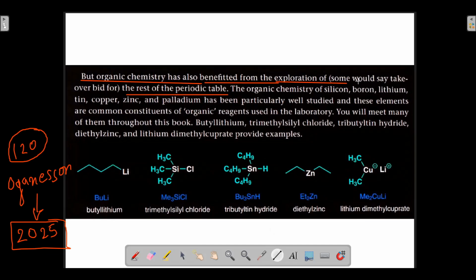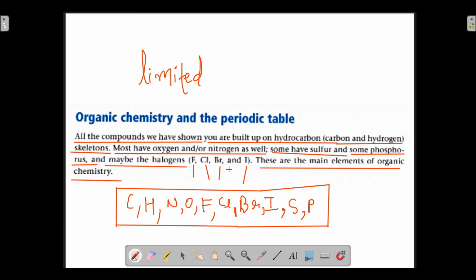It is as if organic chemistry is taking over other branches of chemistry, slowly, because more and more carbon compounds are being discovered which contain elements other than these common ones.